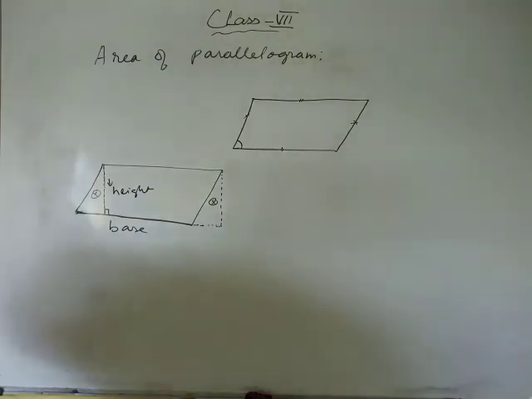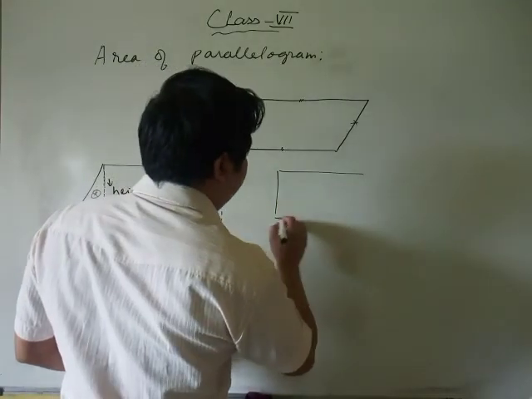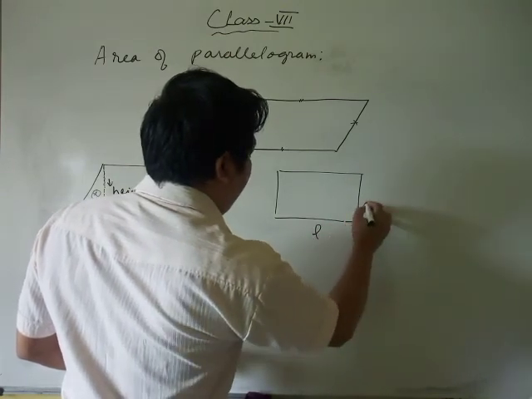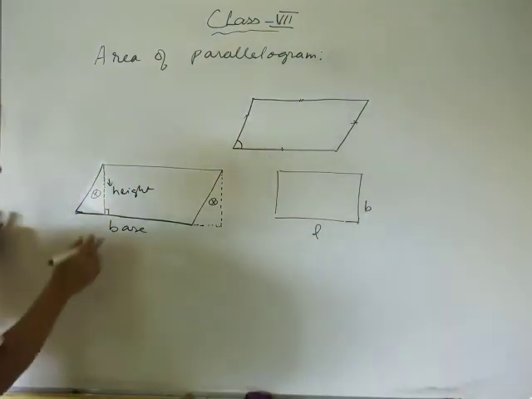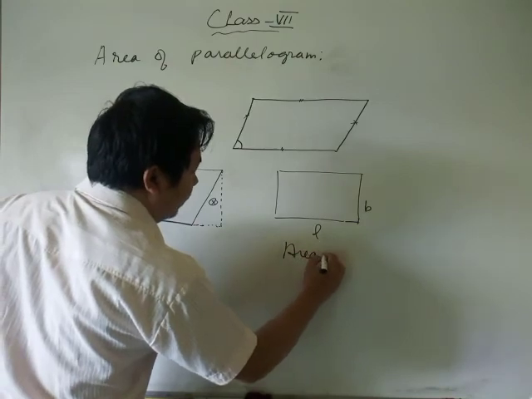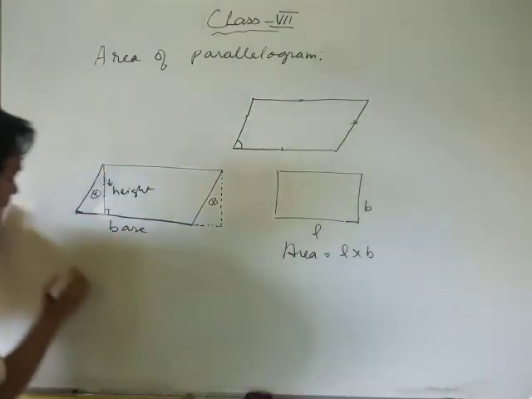So therefore, what about in the rectangle, it is length and it is breadth. So what happened? We know that area of the rectangle is equal to L into B.